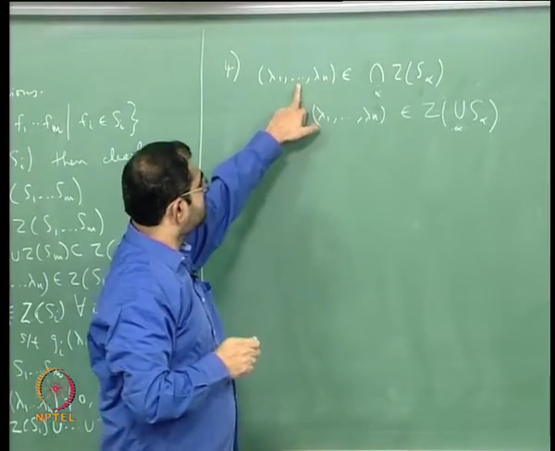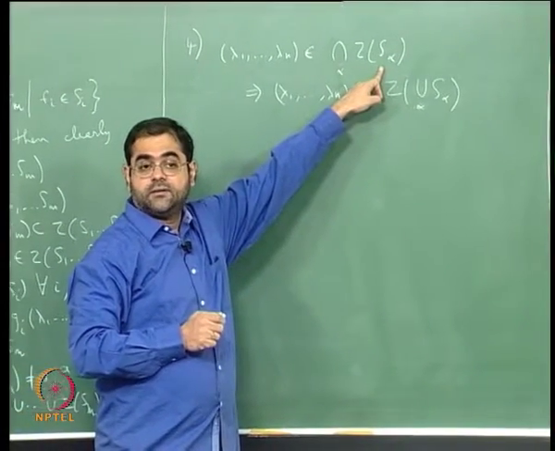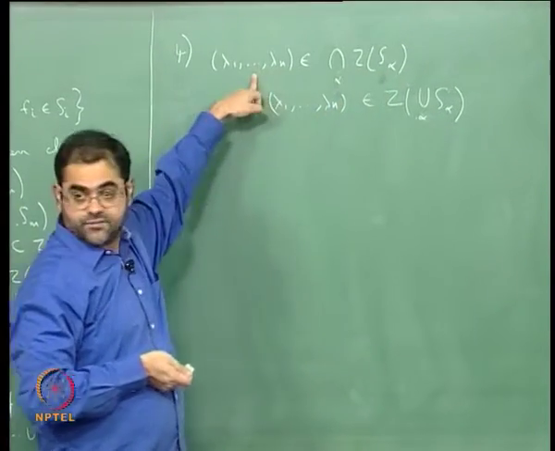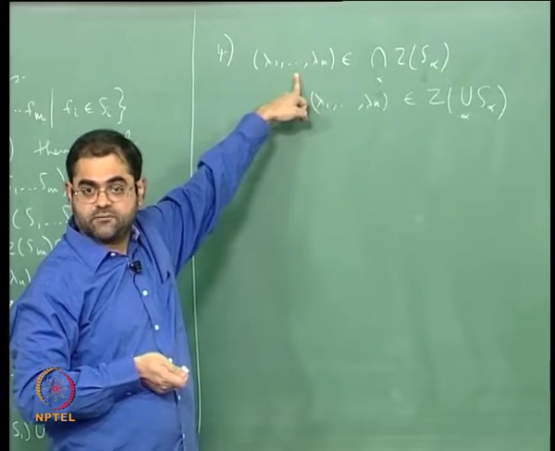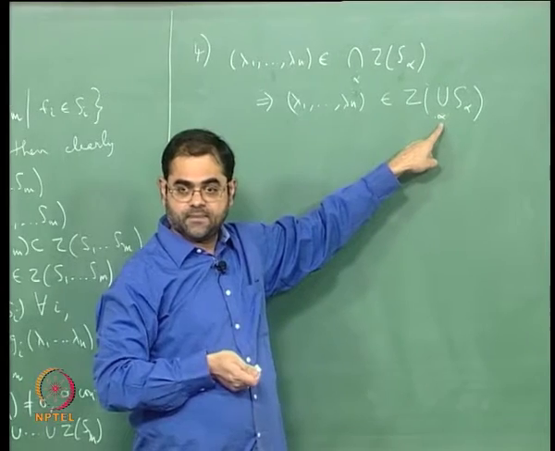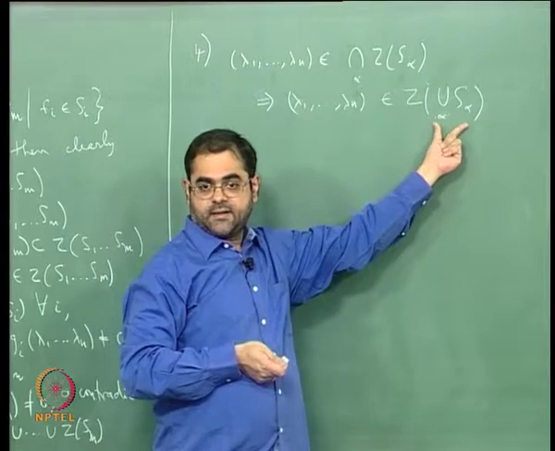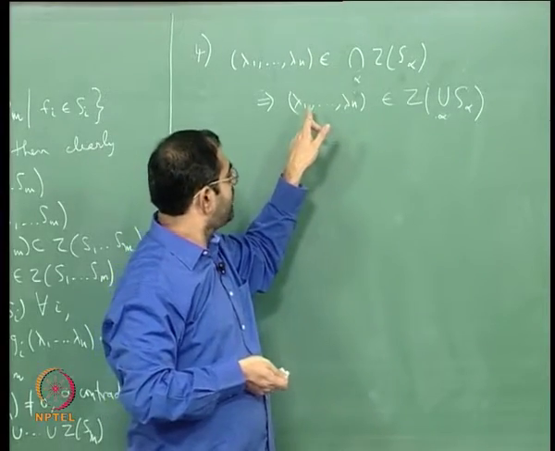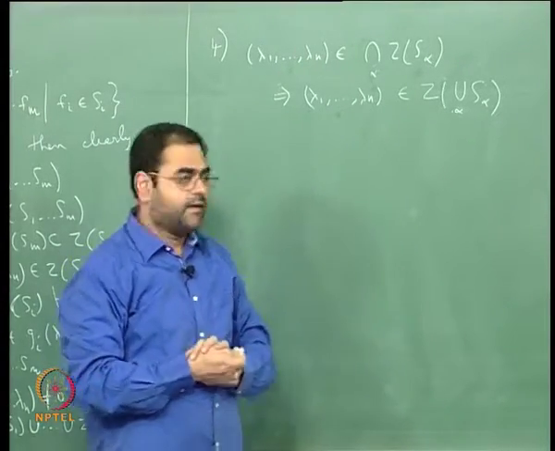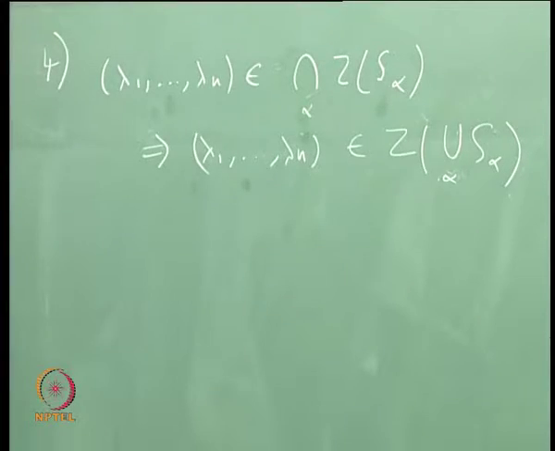What does the top line mean? It means that you take any polynomial in any S alpha, for any alpha, and you evaluate it at this point, that is, plug in this for the variables, then you get 0. But that is exactly what this means. If you take all the polynomials in all the S alphas, then they all vanish at this point. So this implies this, and the other way is also obvious.